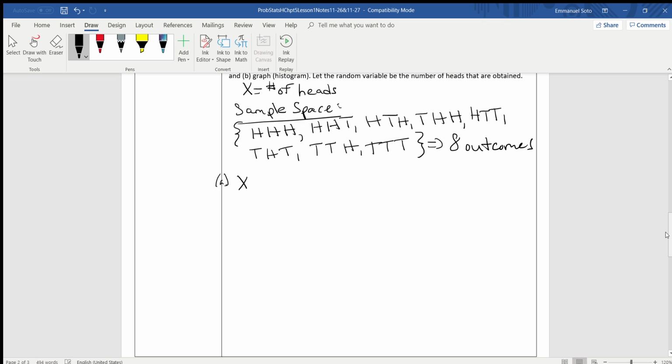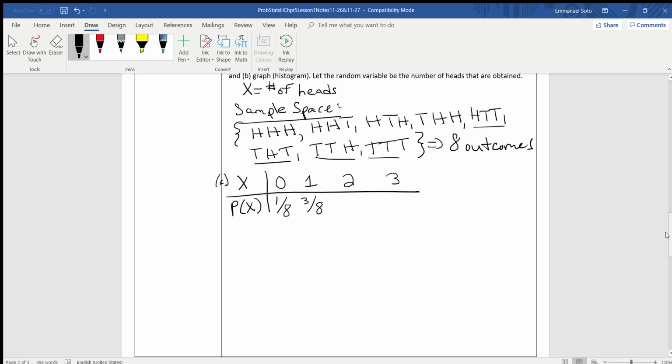Therefore, when we do our distribution, we have x, this is part A, and we have the probability of x. Now we can have 0 heads, 1, 2, or 3. What's the probability of getting 0? That would mean you get all tails, which is this one, so that's 1 out of 8. The probability of getting 1 head, that would be 1, 2, and 3, so 3 out of 8.